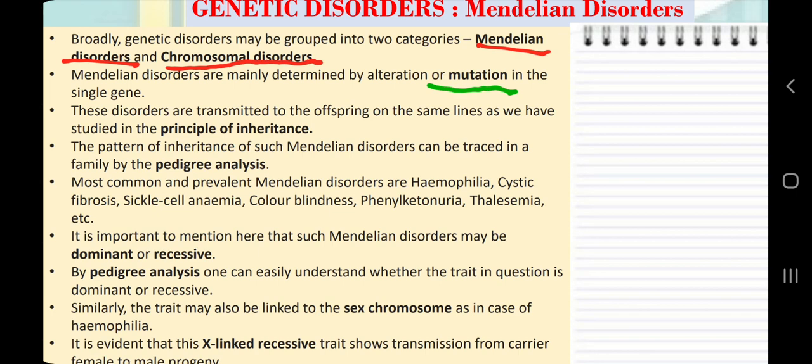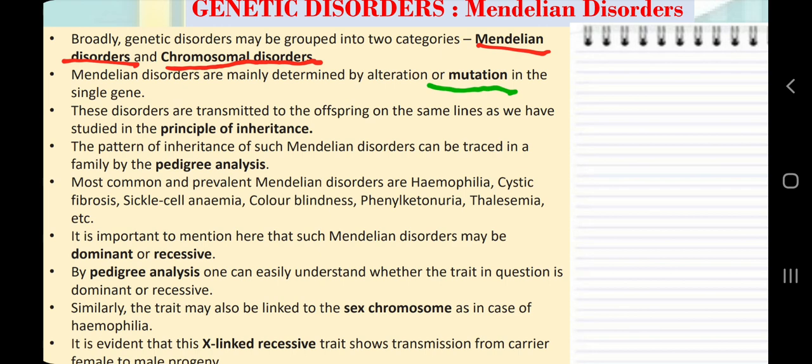Now, it is important to mention here that such Mendelian disorders may be dominant or recessive. As I already discussed in my previous video of pedigree analysis, we can observe dominant or recessive features by seeing whether the generation is skipped or not, because if any trait skips the generation, it will be recessive, and if it does not skip the generation, then it is dominant.